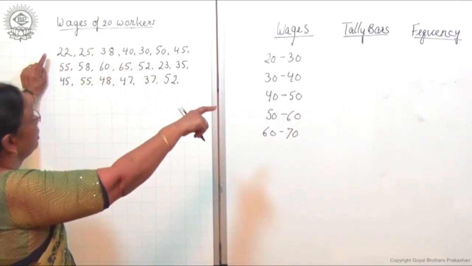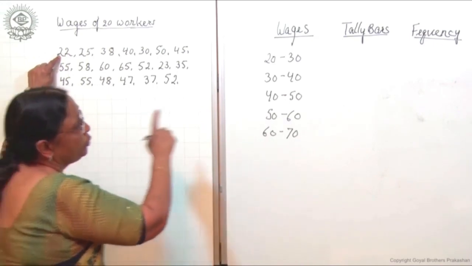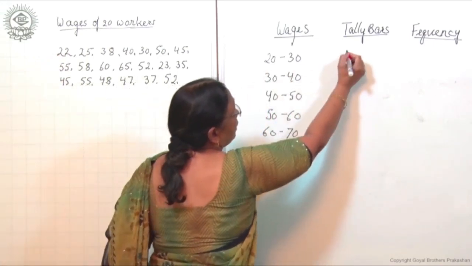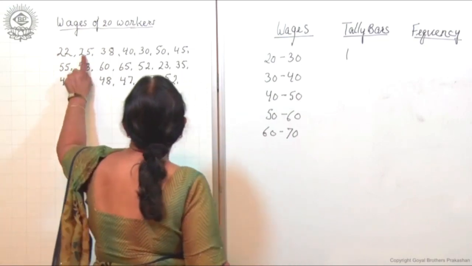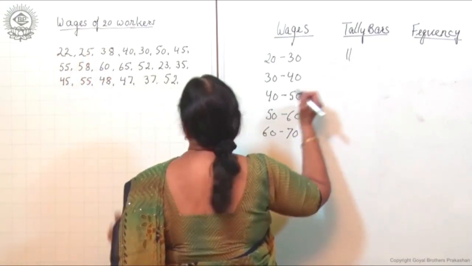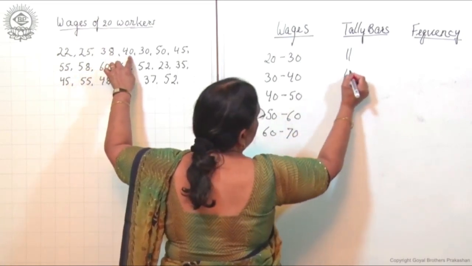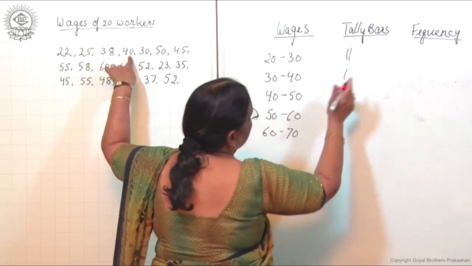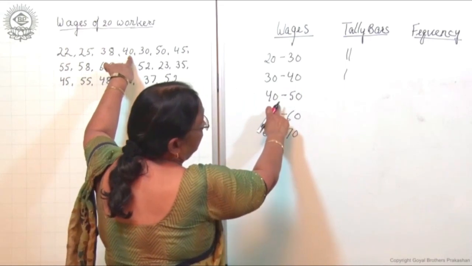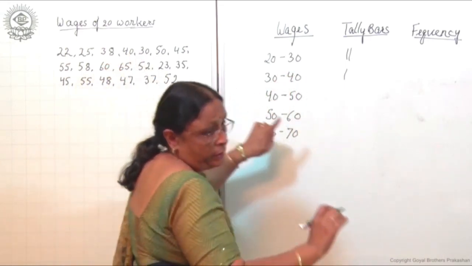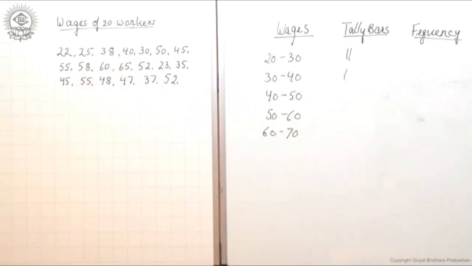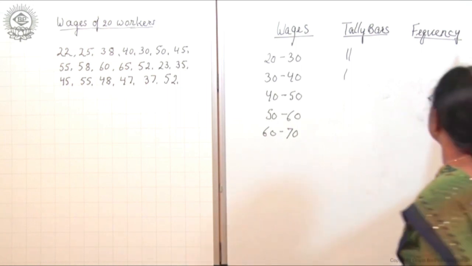Now we will take the frequency. 22, this is in this category, that is one. 25 in this, 38 is falling here, 40 is this. This is exclusive series, right? So in the exclusive, this I will write down here, this is the case of exclusive series first.